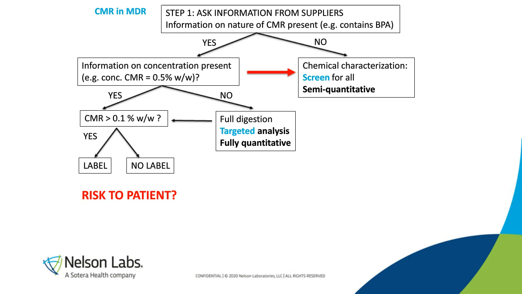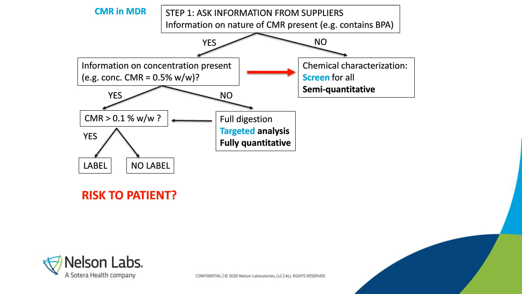And if you can't get any information from your suppliers, the only way you can really try to address this question is by doing this semi-quantitative screening approach. Because, like I said, trying to get this information by digesting or dissolving the material doesn't always work. So if you can't get this information from suppliers, then that screening approach sometimes is our only chance to screen for possible CMRs.